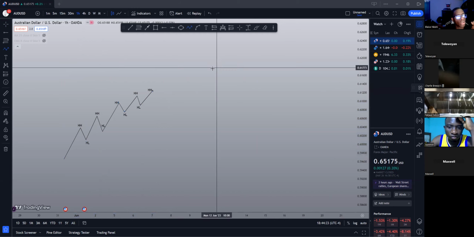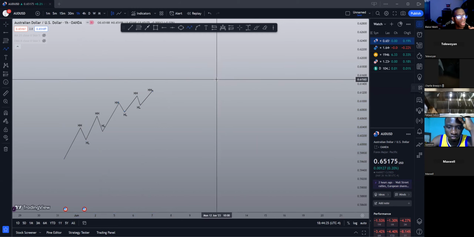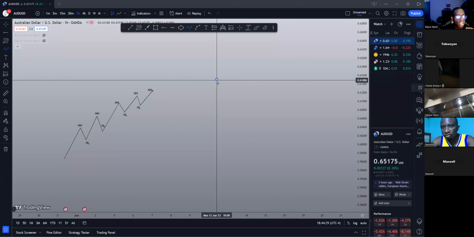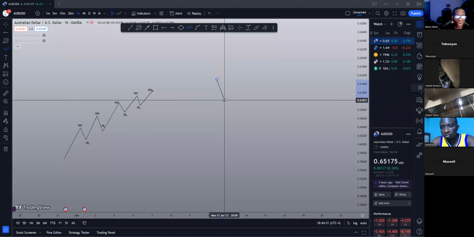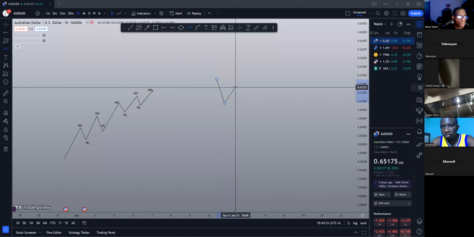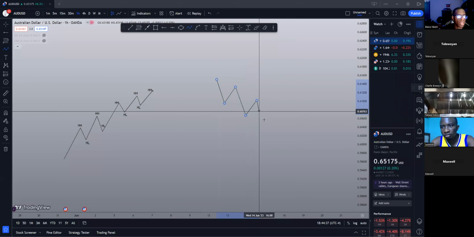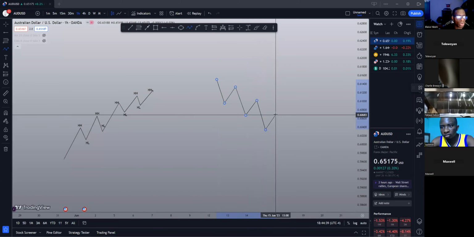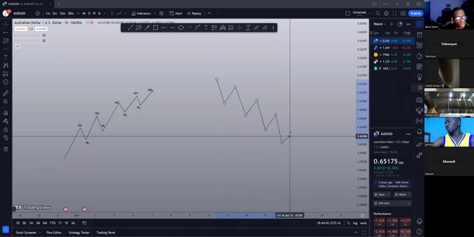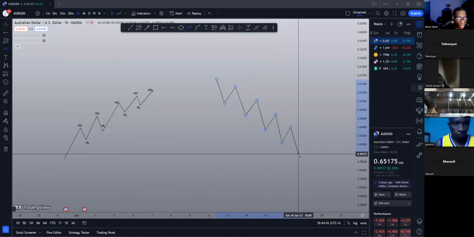So now we go on the other scenario, the downtrend. In this scenario, the downtrend will create what is called lower lows and lower highs: lower low, lower high, lower low, lower high, and then lower low again.